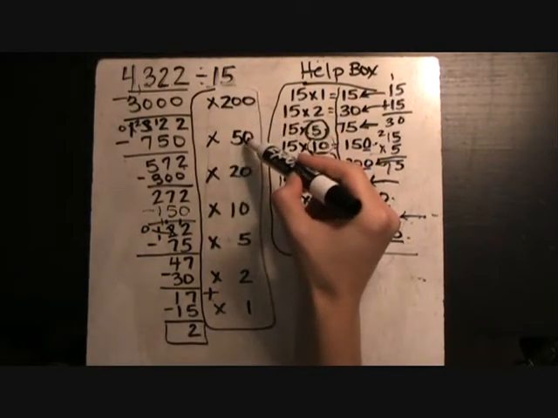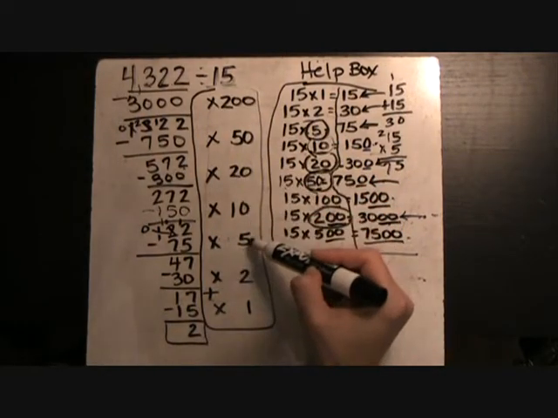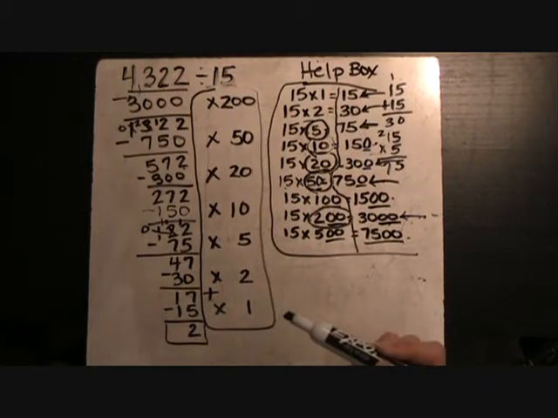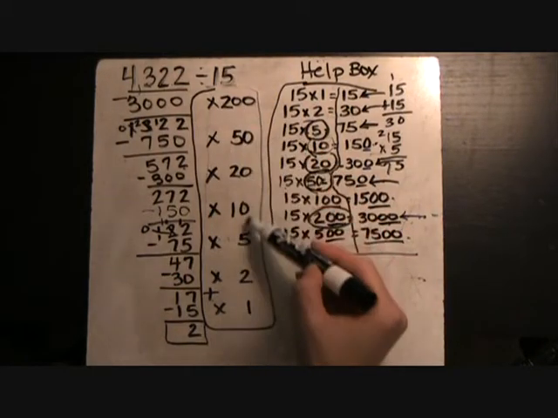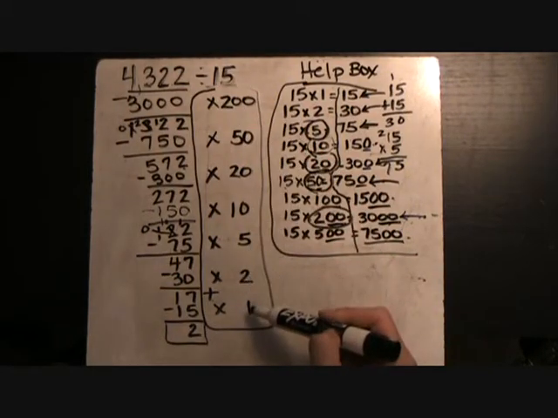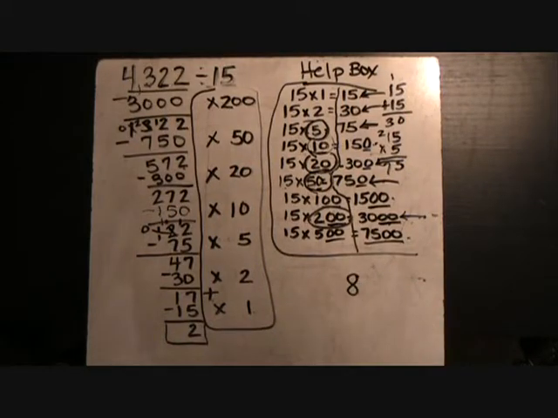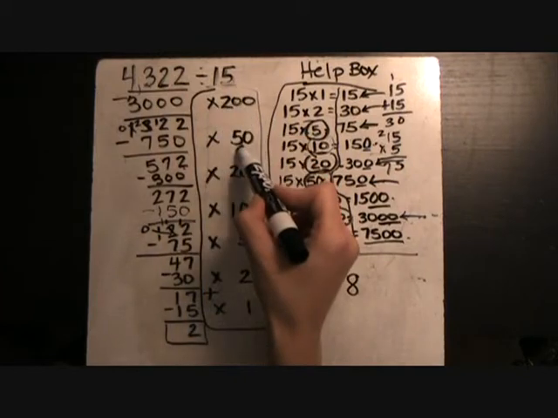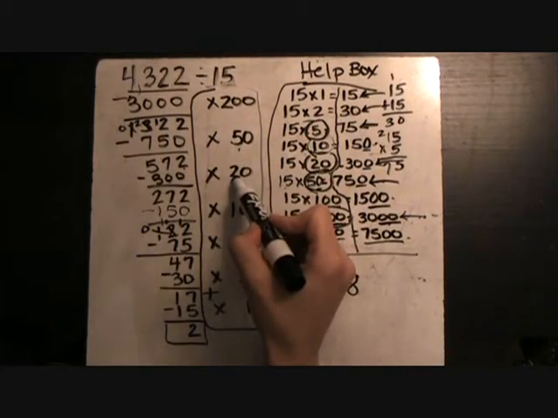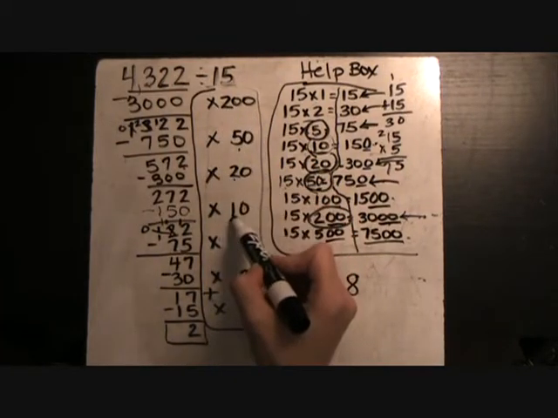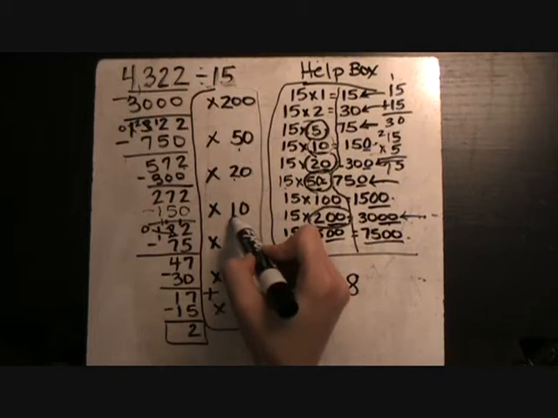So 200 plus 50 plus 20 plus 10 plus 5 plus 2 plus 1. When I add the ones, I get 5 plus 2 plus 1. That gives me 8. When I add the tens, 0 plus 5 is 5. Plus 2 is 7, plus 1 is 8.